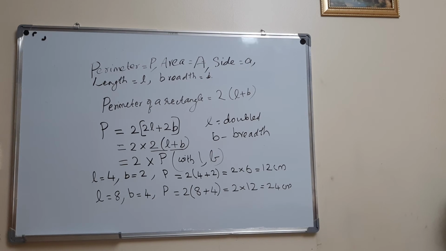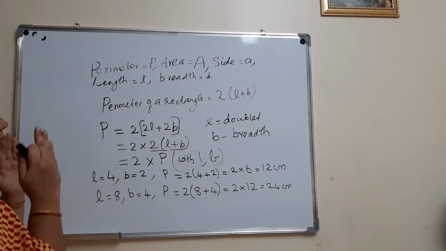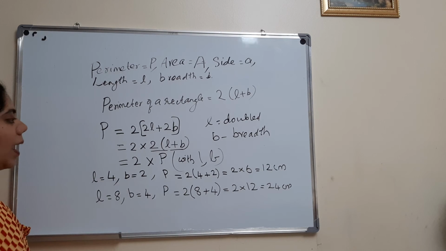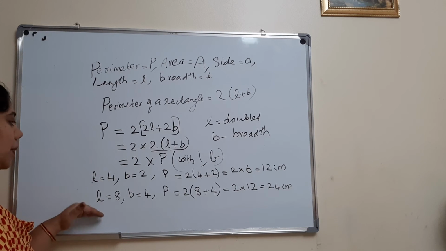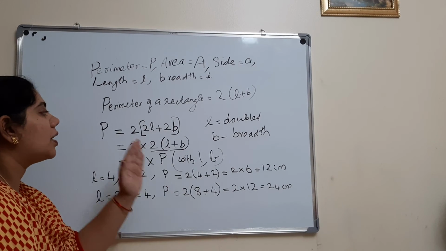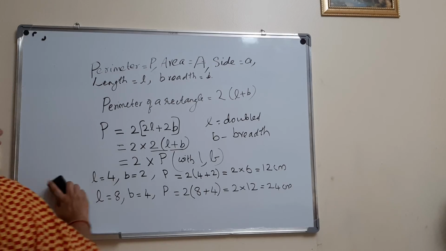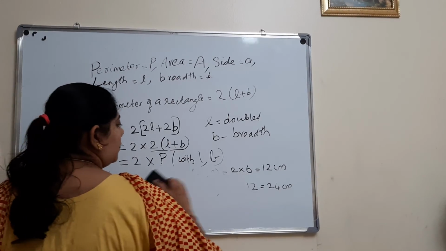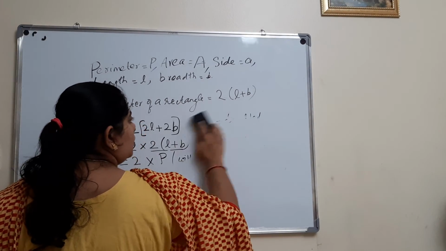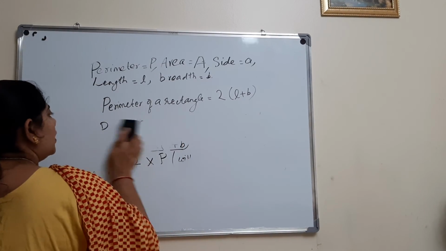That's what we are explaining with L and B. Whatever length and breadth we put, when they are doubled, the perimeter of the rectangle also gets doubled. The same applies for the square and everything. If you check with numbers, the same change only happens.